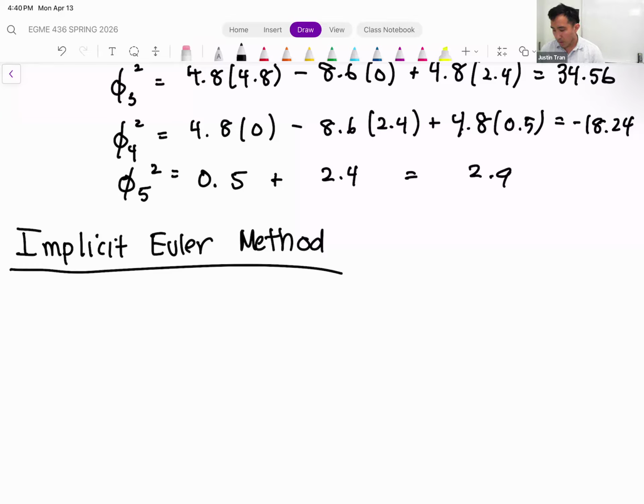Okay, so implicit Euler is very similar to explicit Euler. I mean, they're both credited to the same mathematician, Euler, okay? But what you're going to see for implicit Euler and for implicit methods in general is that you do not get an explicit expression for the value of the solution at the next time step.